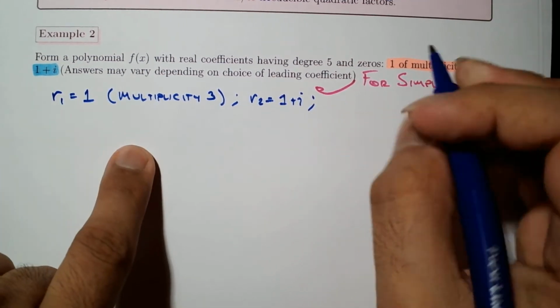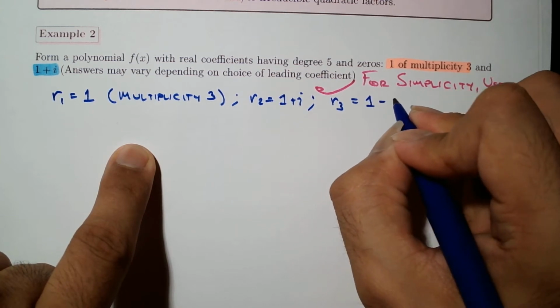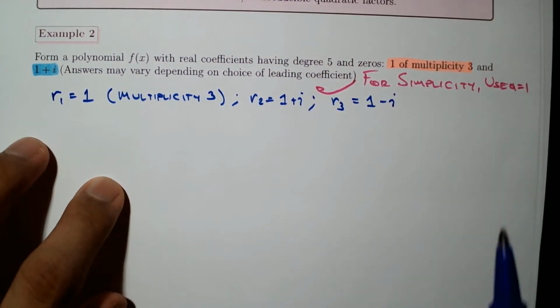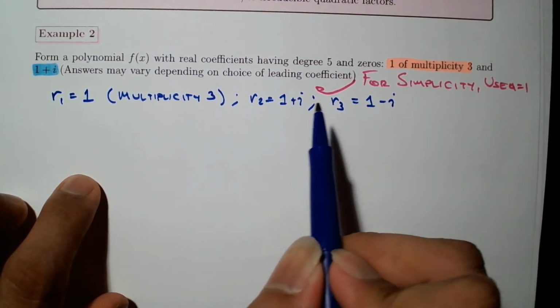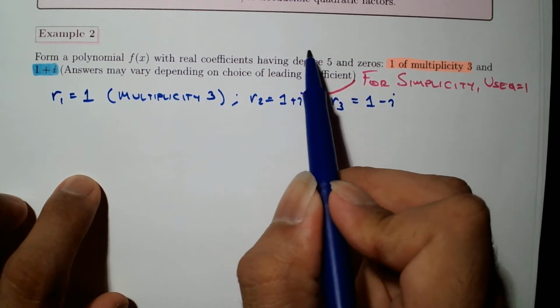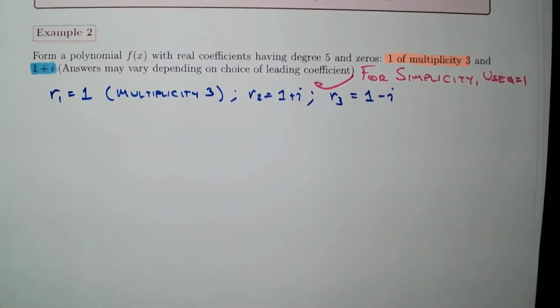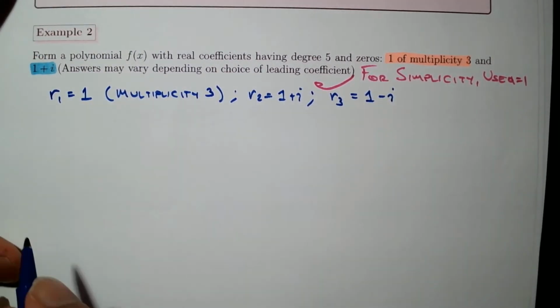And consequently, we're going to have R3, which is 1 minus i. So multiplicity 3 plus 2 more zeros gives us the overall degree of 5.